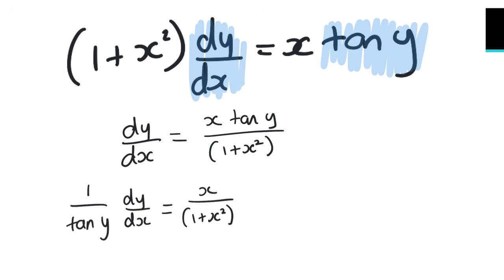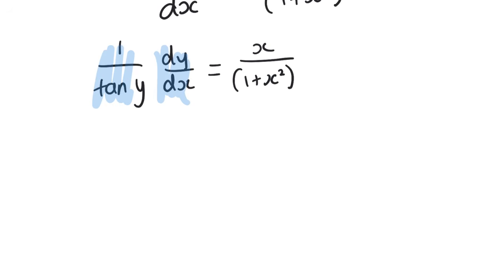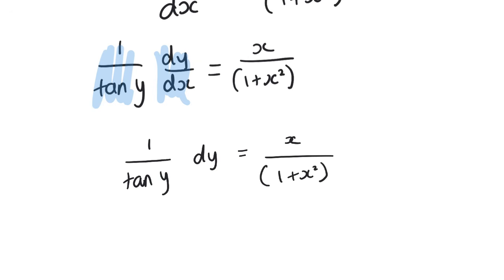Now I've got my y's and my dy by dx on one side, and everything else is on the other side. We now move on to the second phase, which is multiply both sides by dx. So I now get 1 over tan y dy equals x over 1 plus x squared dx.